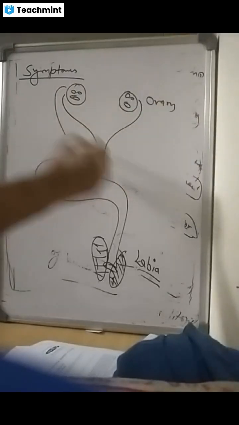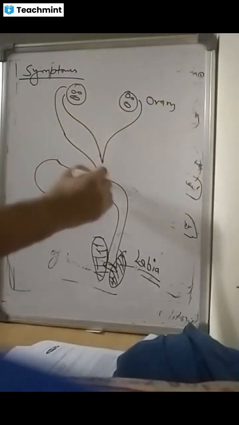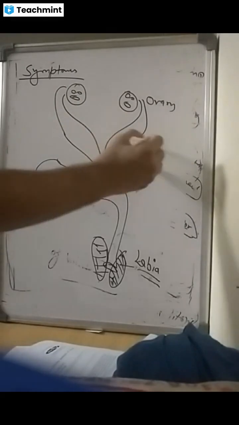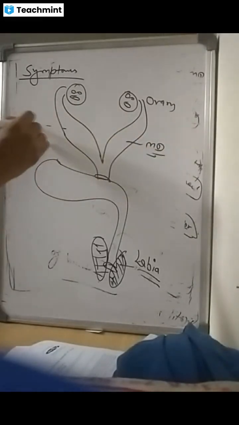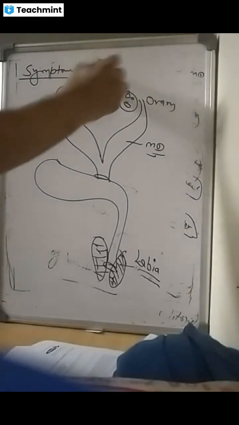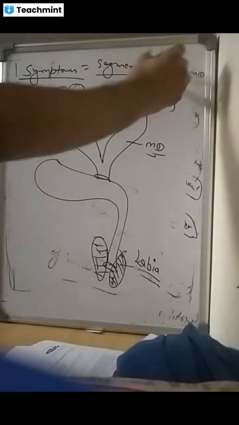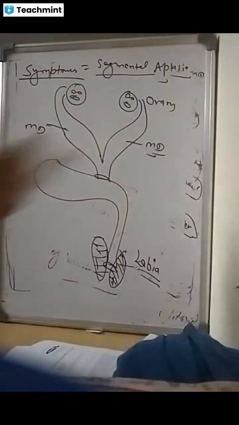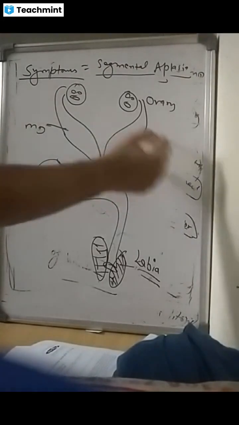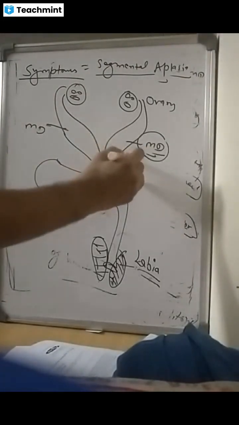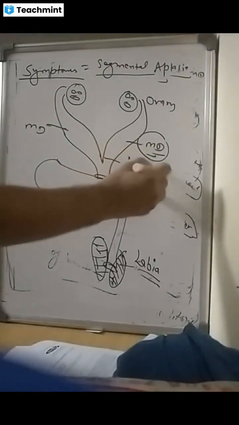The Mullerian duct, or paramesonephric duct, if there is segmental, meaning partial, aplasia, this part will be incomplete.